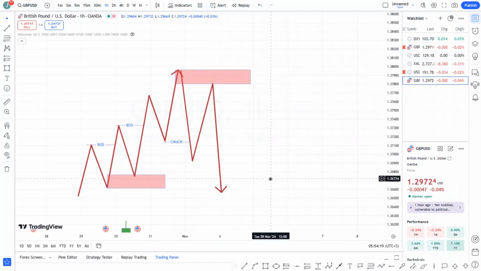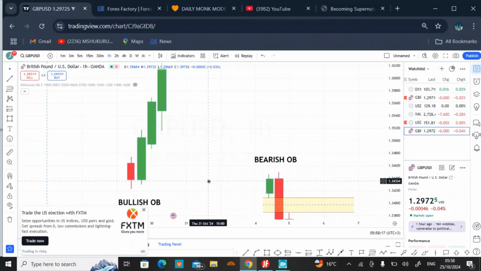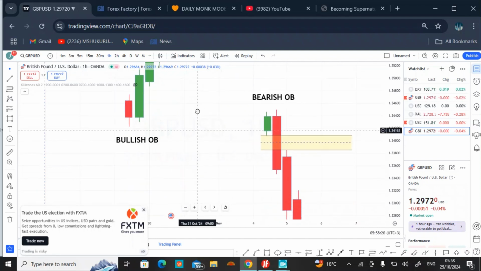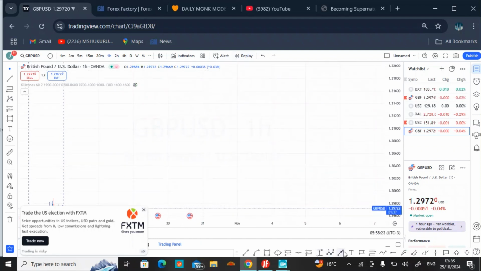For us to consider an order block valid, it must be unmitigated. What do I mean by that? I'll draw here. For example, we are moving up and price comes back to this order block here, assuming we have an order block here.